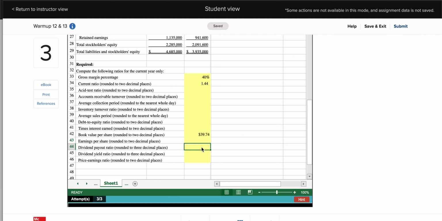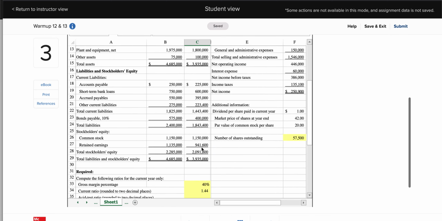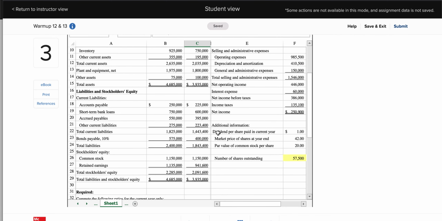We have the dividend payout ratio that you probably have not seen before. So that one's also rounded. This one's rounded to 3 decimal places. So you want equals round. And then we need the formula for the dividend payout ratio, which is, we want to go grab the dividends per share that are paid in the current year.